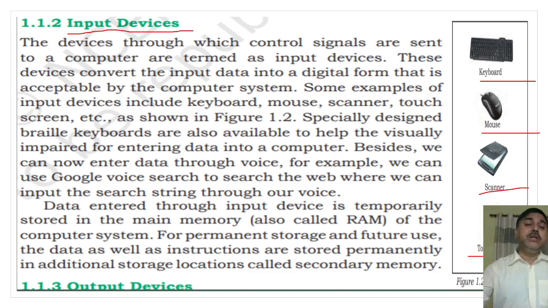All these different input devices are used to accept data from the outer world. Especially, braille keyboards are used by people who are visually impaired. There they take the input.